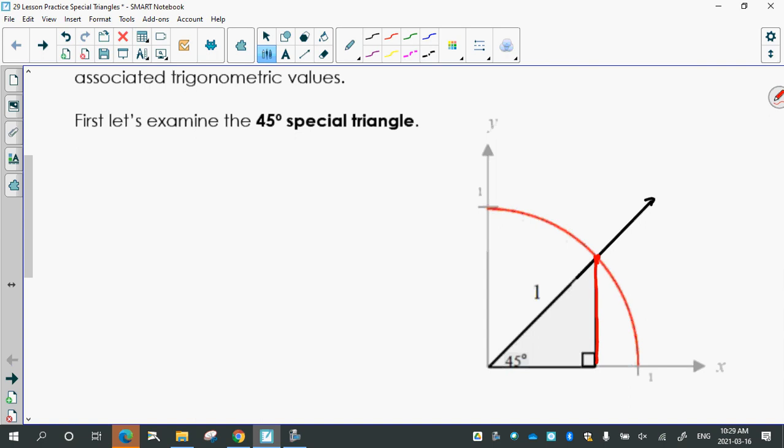And they're also showing me that the radius is 1. Okay, and this is a 45-degree angle, this is 90, so what does that make the angle at the top? How do you know that? Everyone good with that? The angles all add up to 180.